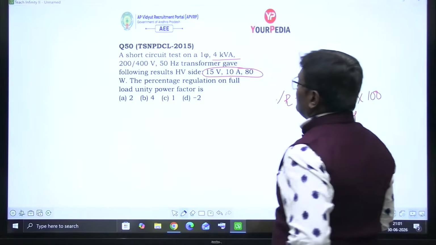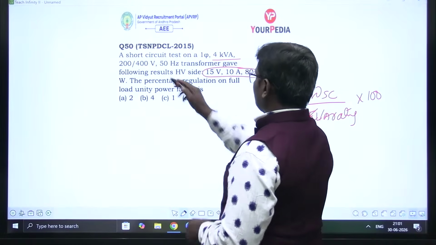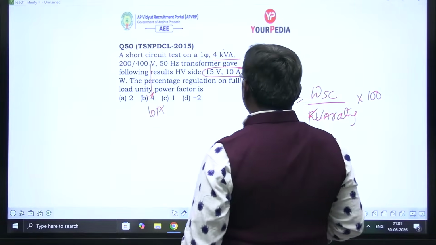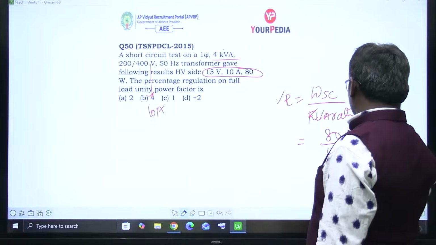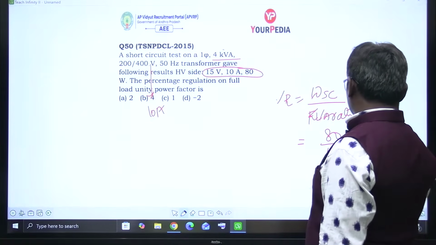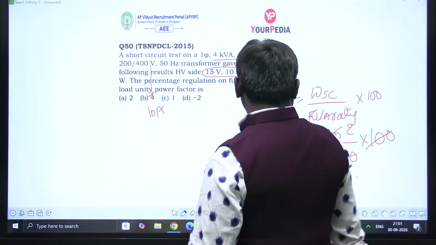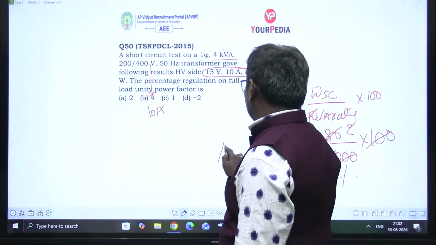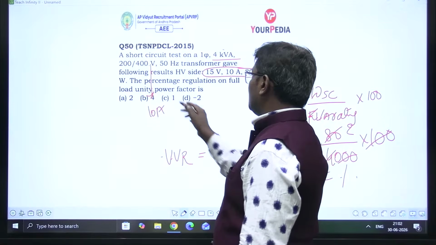Here 10 amperes, yes, the secondary side is 10 amperes, because 4 kVA, 4000 by 400 is 10 amperes. What is the WSC? 80 by kVA rating 4000 into 100. So 2 percent. 2 percent is the percentage resistance. At unity power factor, percentage regulation is percentage R only, because cos phi is 1.